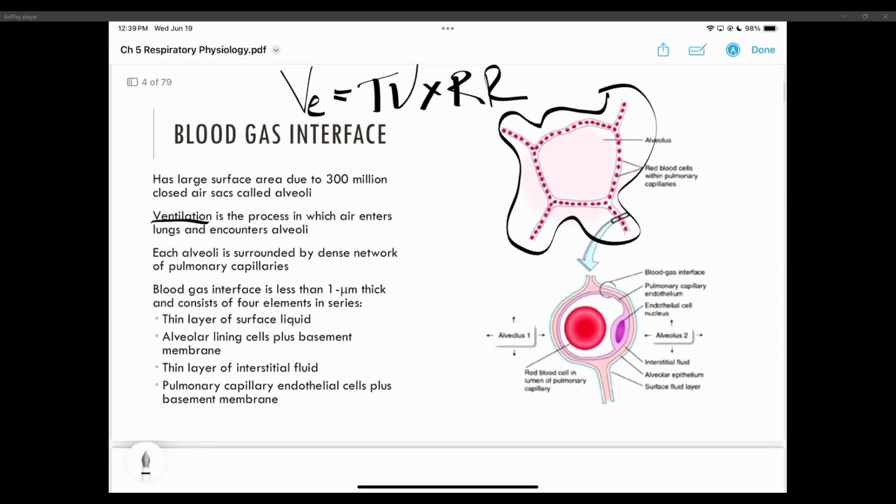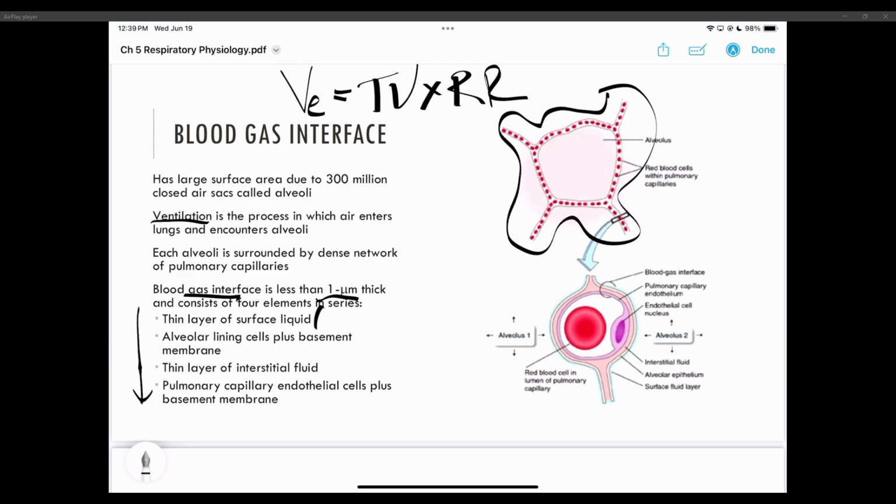Also, all these membranes, the blood-gas interface, are less than 1 micrometer thick, and it has 4 elements. So this is the order that oxygen, for example, has to go through to get into the blood. Thin layer of surface liquid, what's that called?